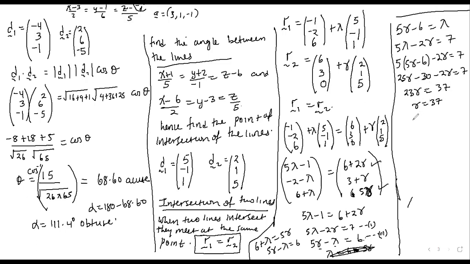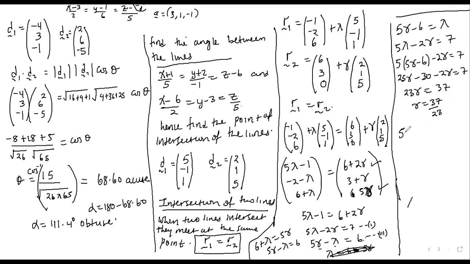Now, this same question can answer another question: show that the lines intersect. So gamma is 37 out of 23. Then you can substitute back to find lambda.